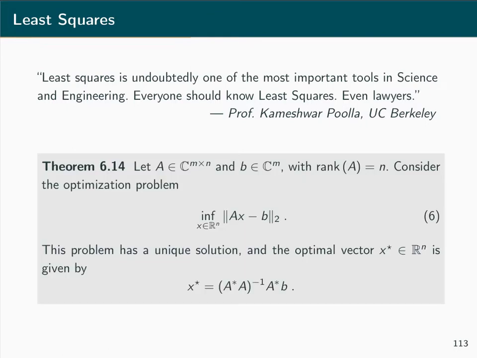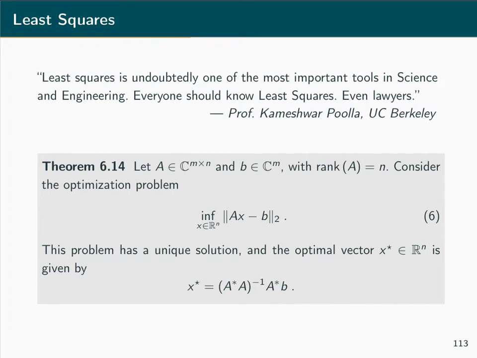So here is the least squares theorem. Let A be an m by n matrix with rank A equal to n and b be an m-dimensional vector. Consider the optimization problem where we want to find a vector x in R^n such that the 2-norm of the difference between Ax and b is minimized.